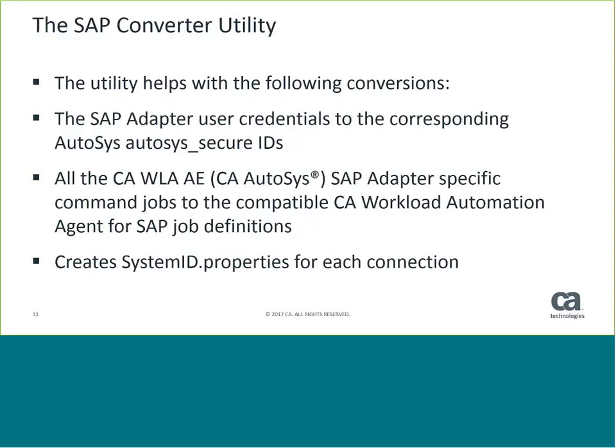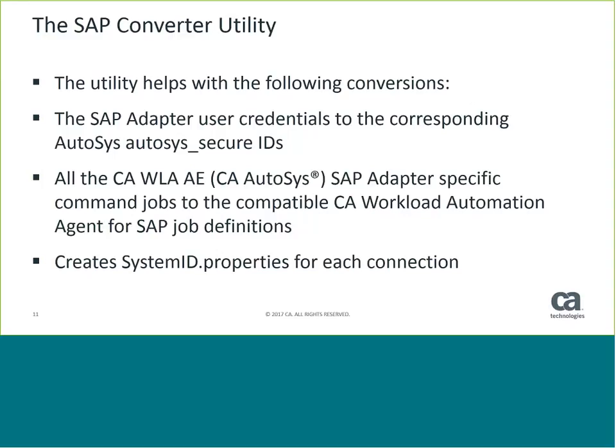So as part of the SAP conversion utility, we take the information that's in the conversion files, that directory structure that looks like a Windows registry, and we translate that into secure IDs and passwords within AutoSys Secure. So in the new plugins, you don't maintain the users in a file on the agent machine. The user IDs and passwords are managed within AutoSys Secure. So that's another difference to be aware of.